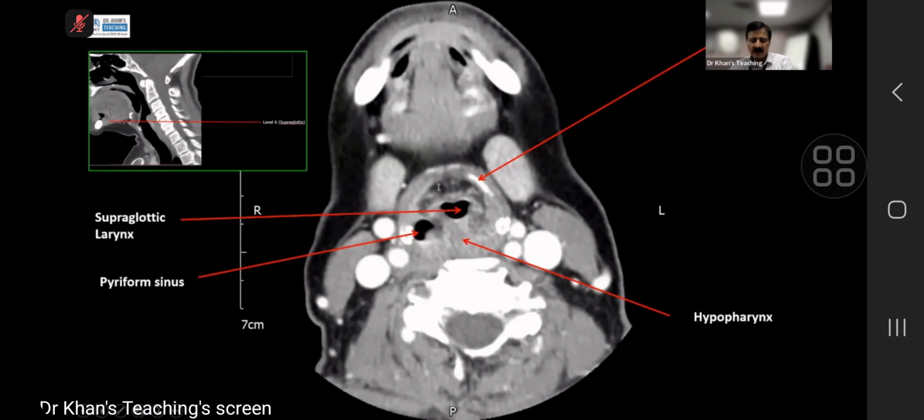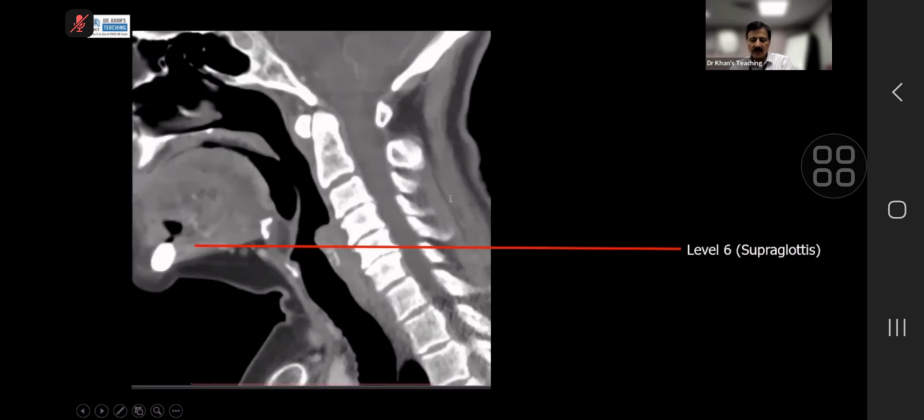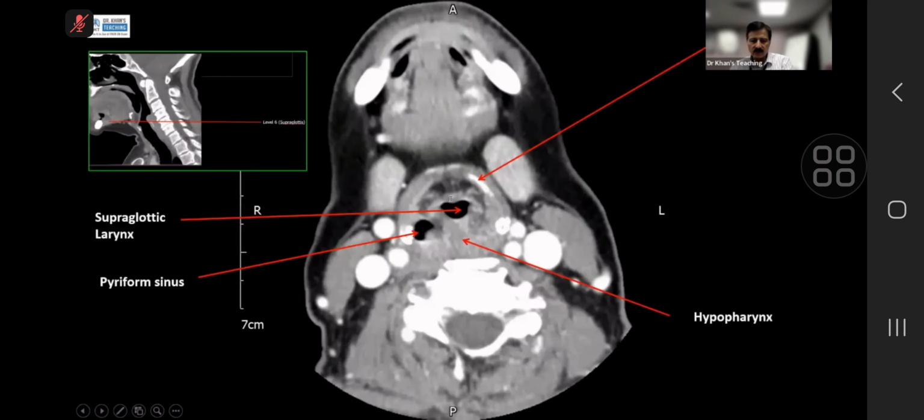And anteriorly, the fat is pre-epiglottic fat. Pre-epiglottic fat, by definition, is part of supraglottic larynx. And the glossoepiglottic ligament, on the other hand, which was a slice before, will be the boundary between the two structures, supraglottic larynx and the oropharynx.